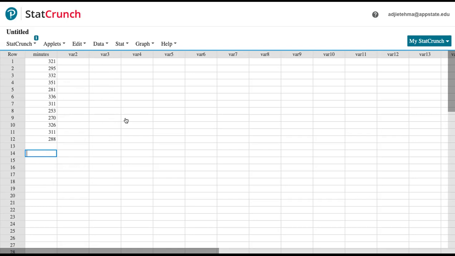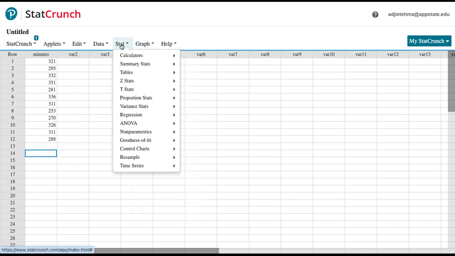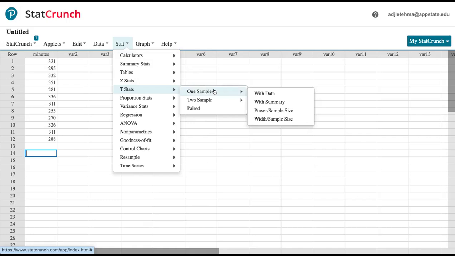So once you have that done, now we go to, because we are interested in computing the confidence interval. Now we go to stats, T stats, and then one sample. But this time around, we are not going to do with summary. We are going to do with data.